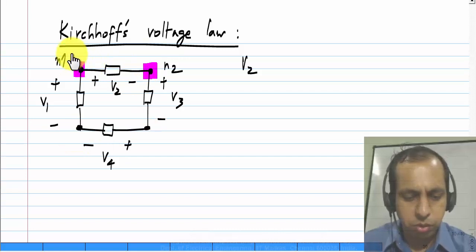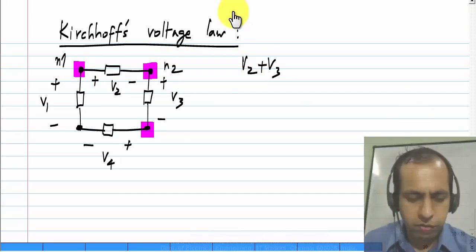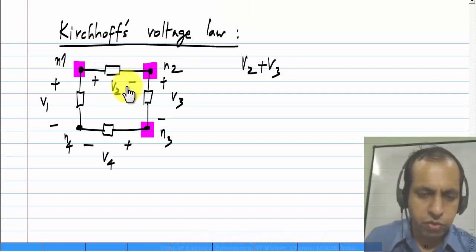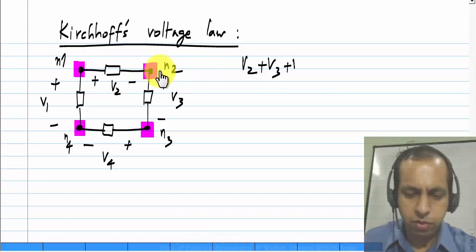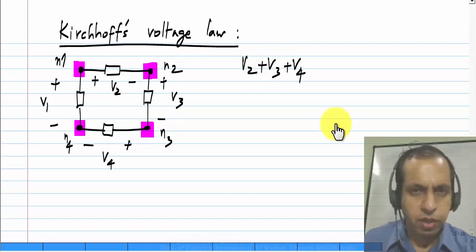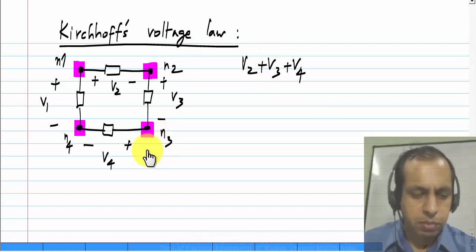Similarly, when you go from N2 to N3, voltage falls by another V3, and when you go from N3 to N4, the voltage falls by another V4, and finally, when you go from N4 to N1, the voltage falls by minus V1. You can see that N1 is above N4.